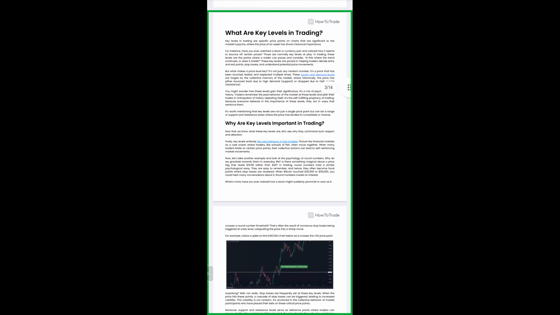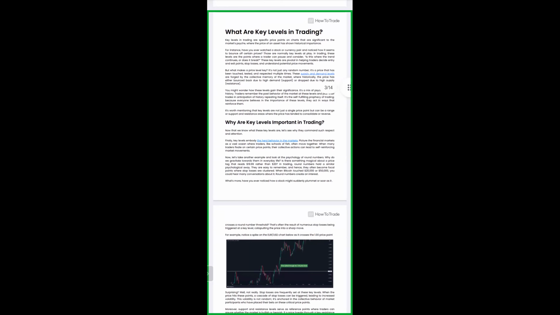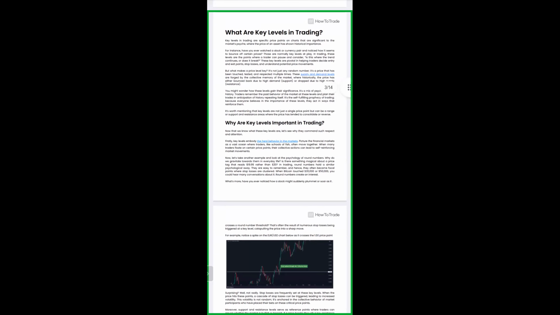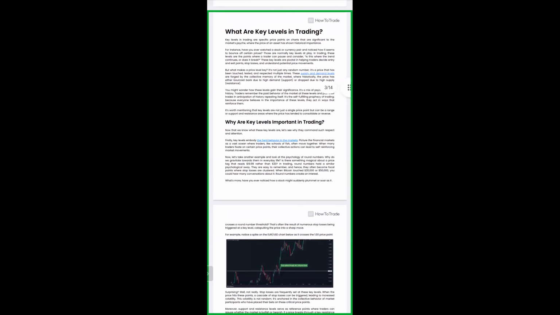Then we have breakouts. There may be a range, and then suddenly there is a breakout either to the upside or to the downside. In fact, this trade strategy of Rich Vendiga is one of his main strategies that we've been discussing.